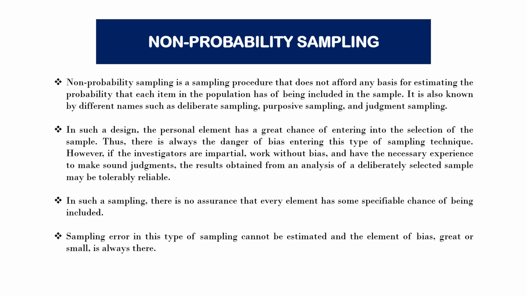Here we take this non-probability sampling design, and personal bias is always included. So there is no assurance that we will get an accurate result. There may be sampling error, which will hamper the design.